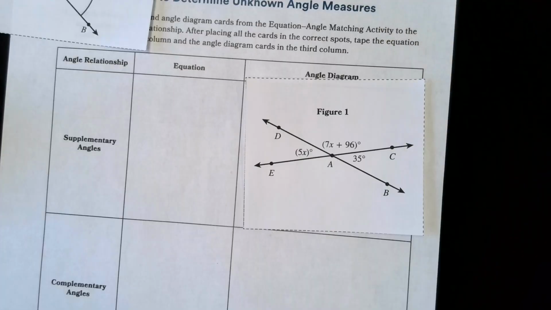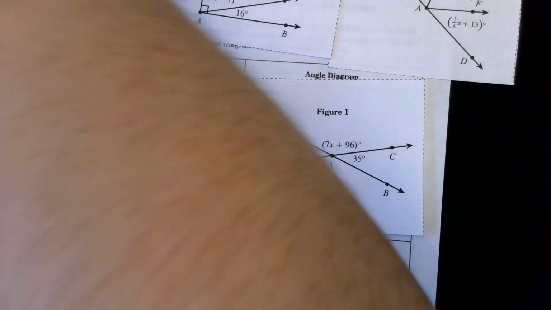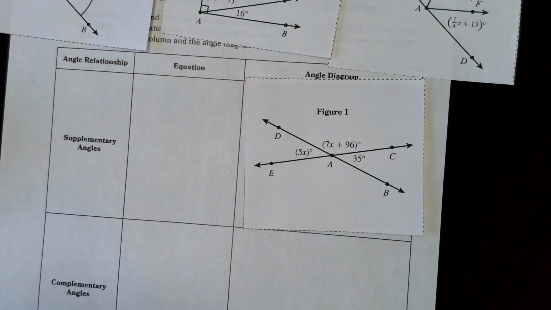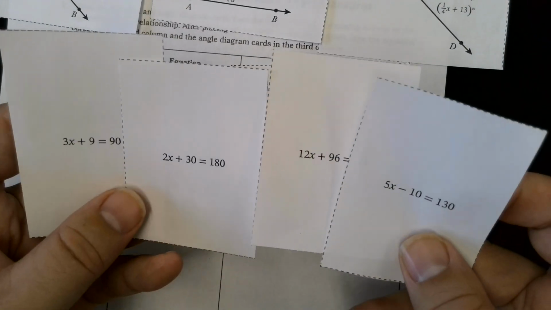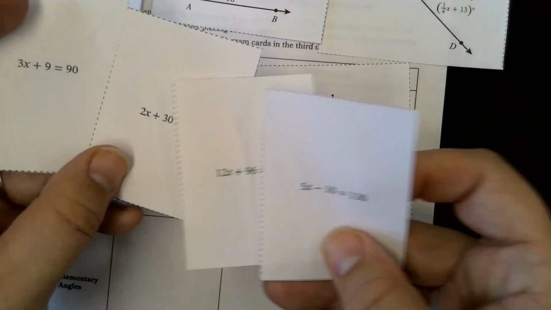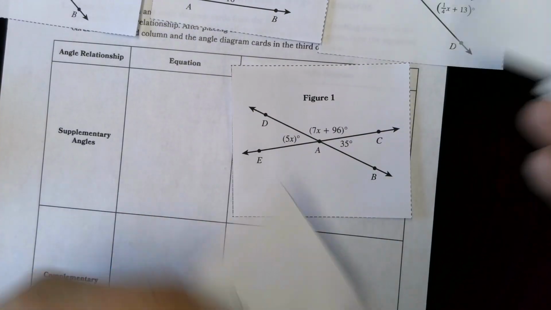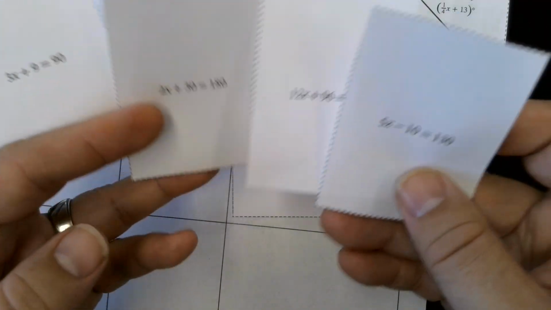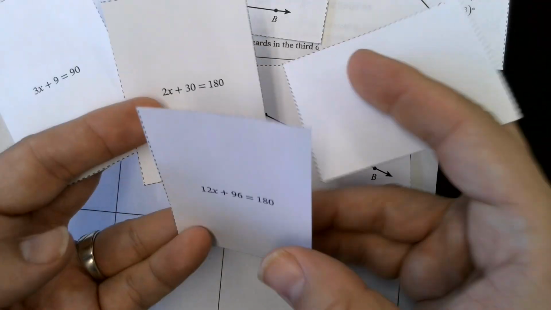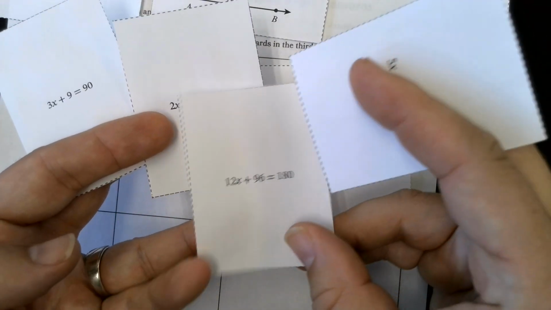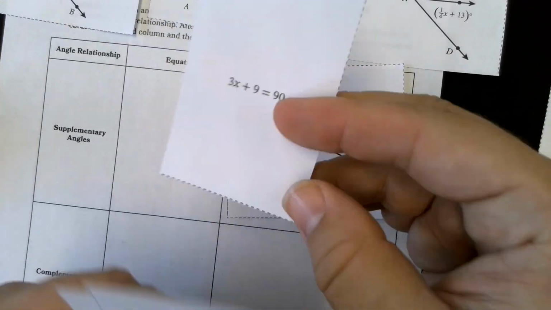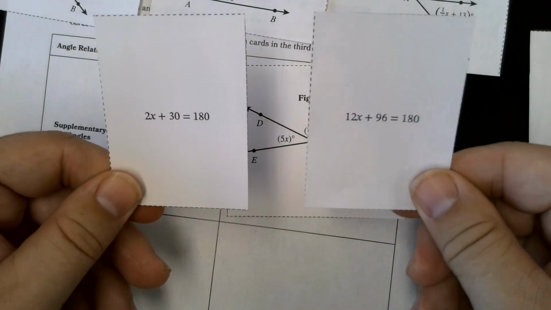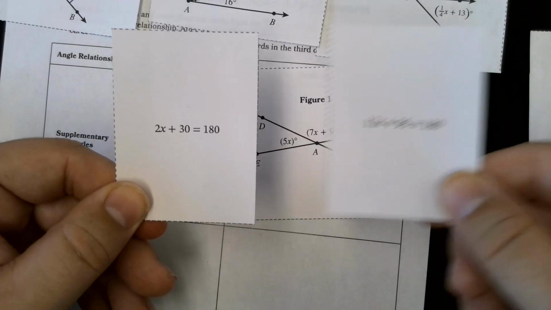Which of these would give me a 180 degree angle, or which equation represents that? If I'm looking at which ones equal 180, that automatically eliminates these 2. So we're left with these 2 angles right here.